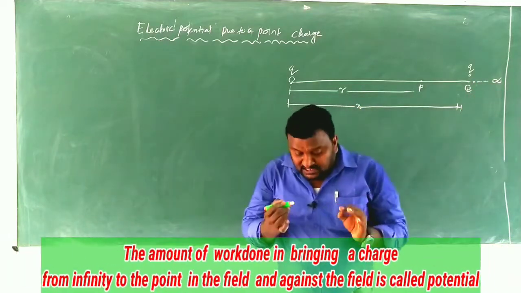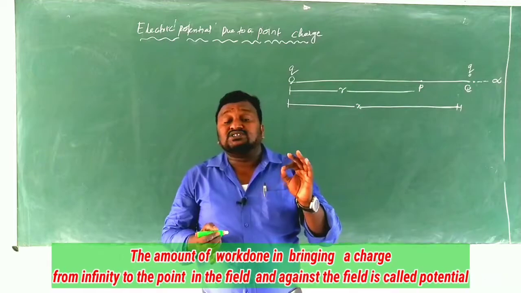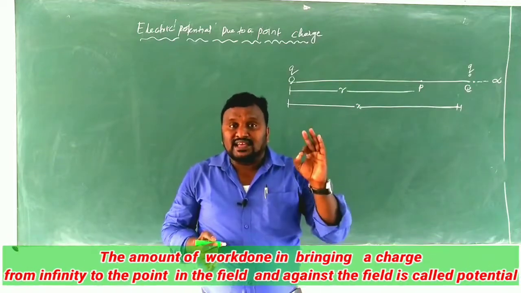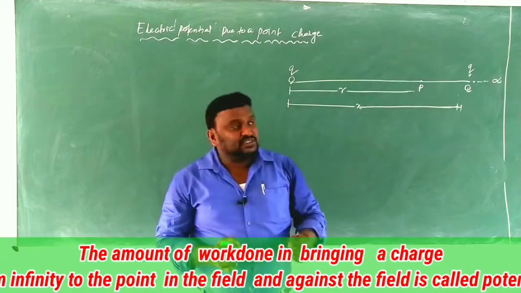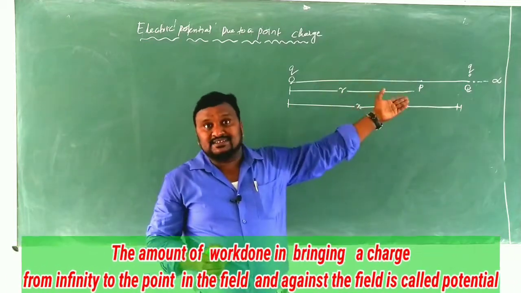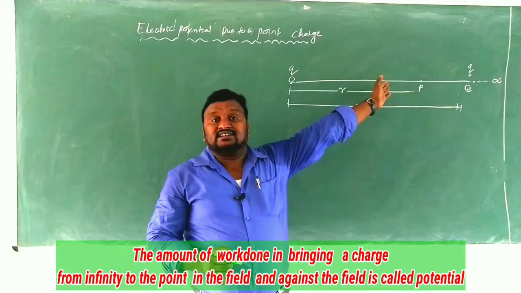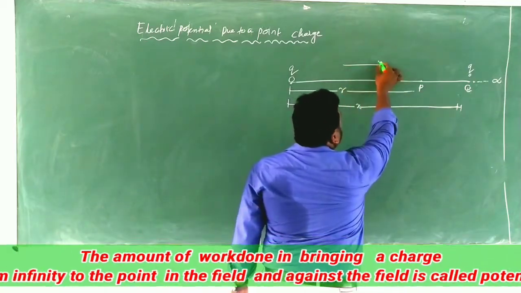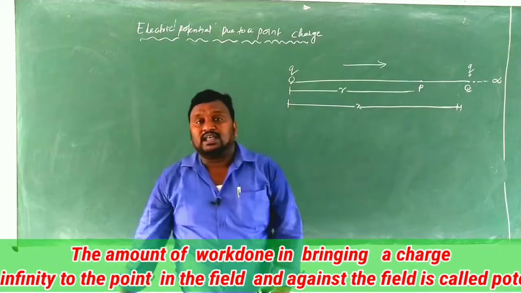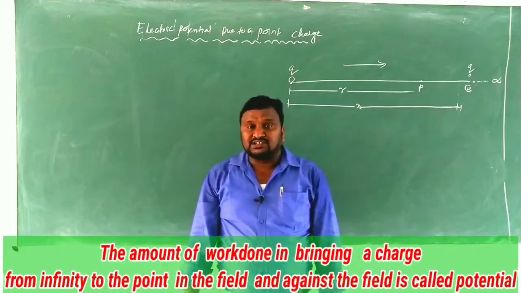Now at the point q, the charge Q naught is in the electric field of charge Q. That means Q naught has already entered the electric field, and I am showing the direction of electric field. Clear, children?